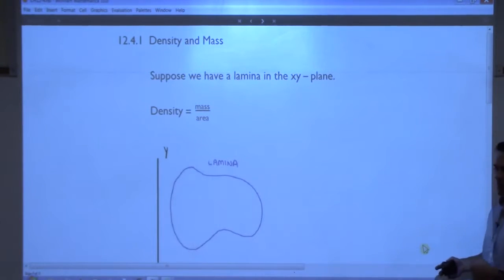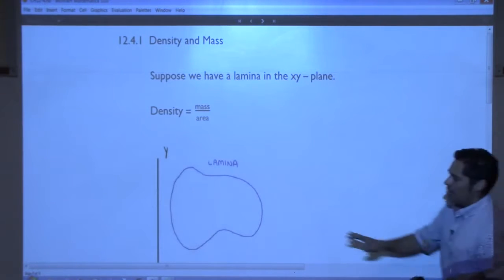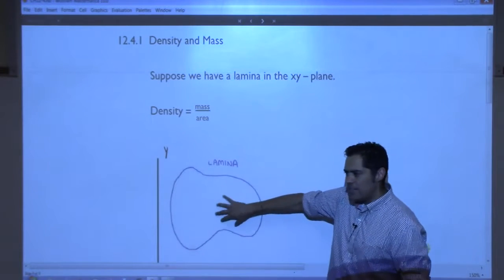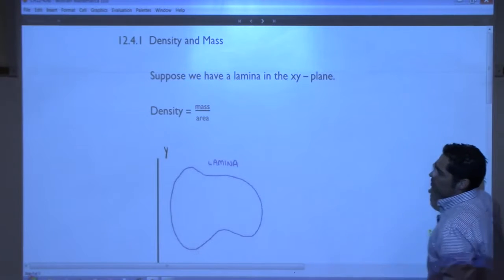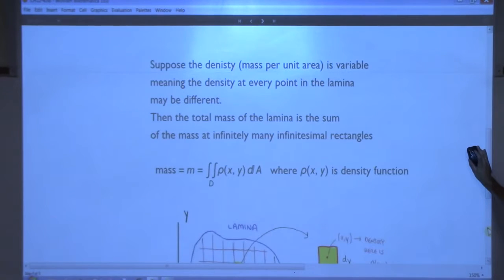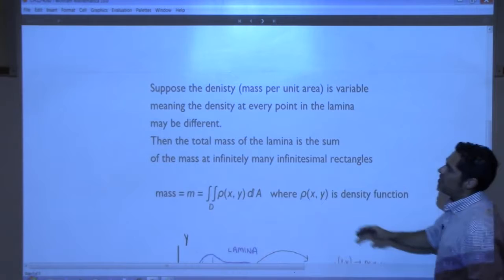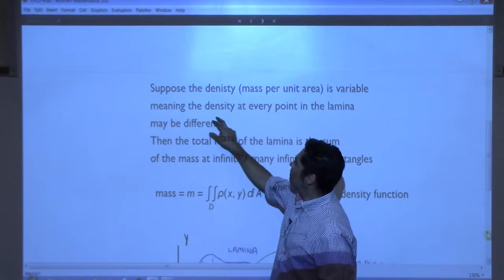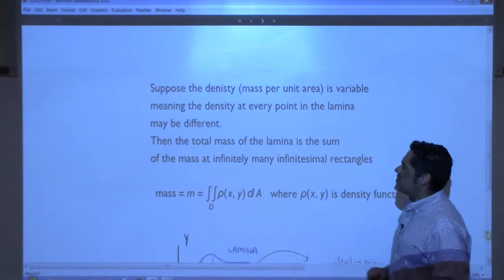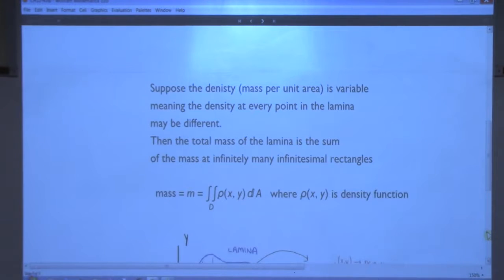What if you have a more complicated lamina where as you look through it, its density changes? So suppose the density is variable. Then the total mass of the lamina is the sum of the mass at infinitely many infinitesimal rectangles.